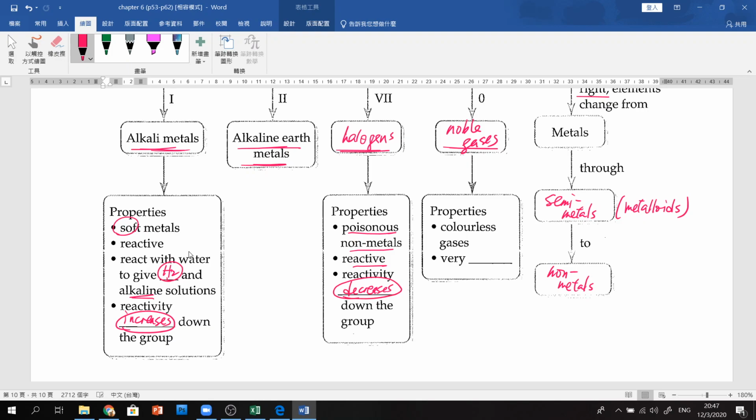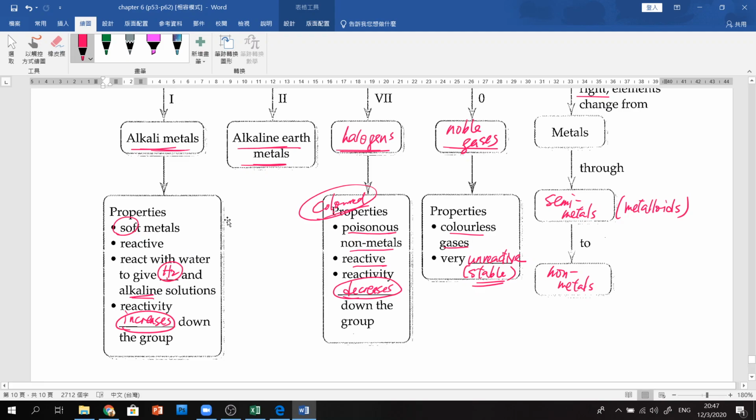It's different. How about noble gases? They are colorless gases. When you compare with halogens, they are colored. You need to remember the colors. And noble gases are very unreactive, being very stable.